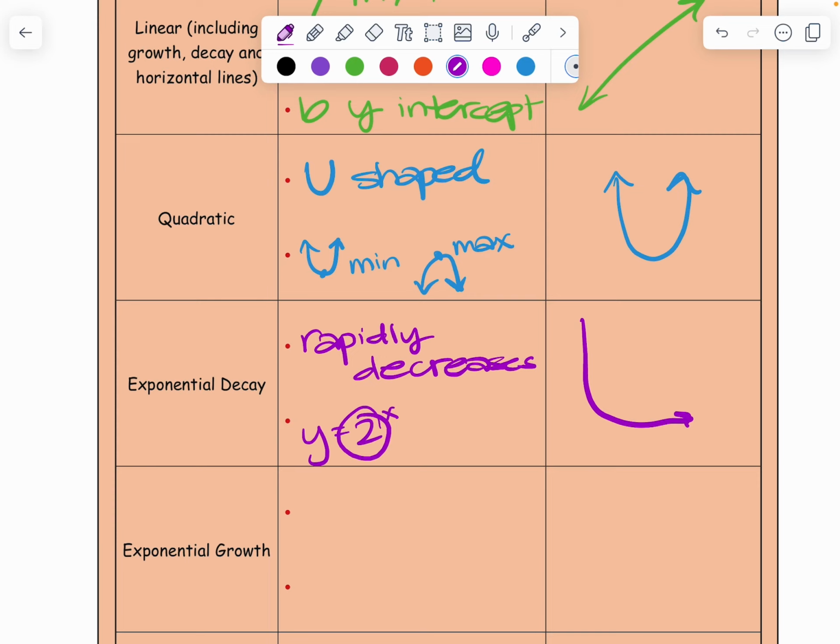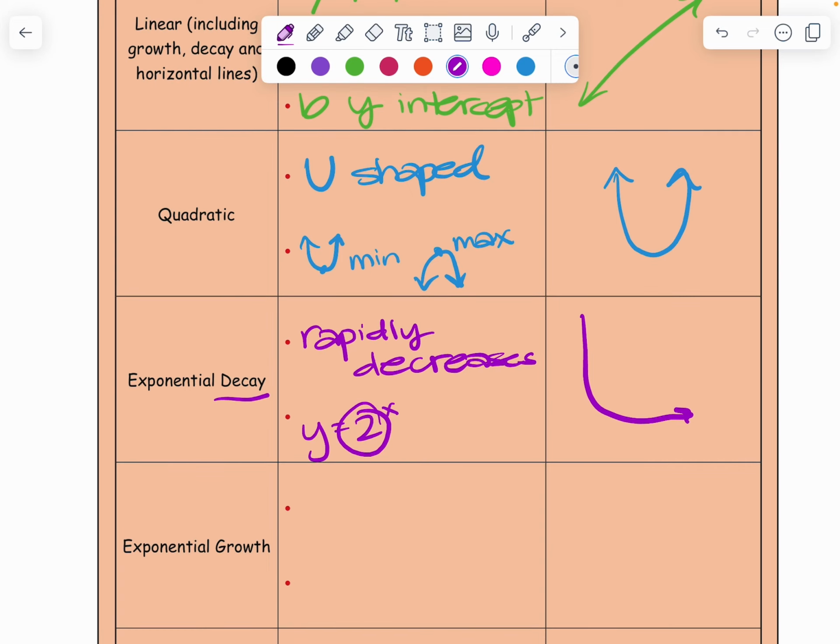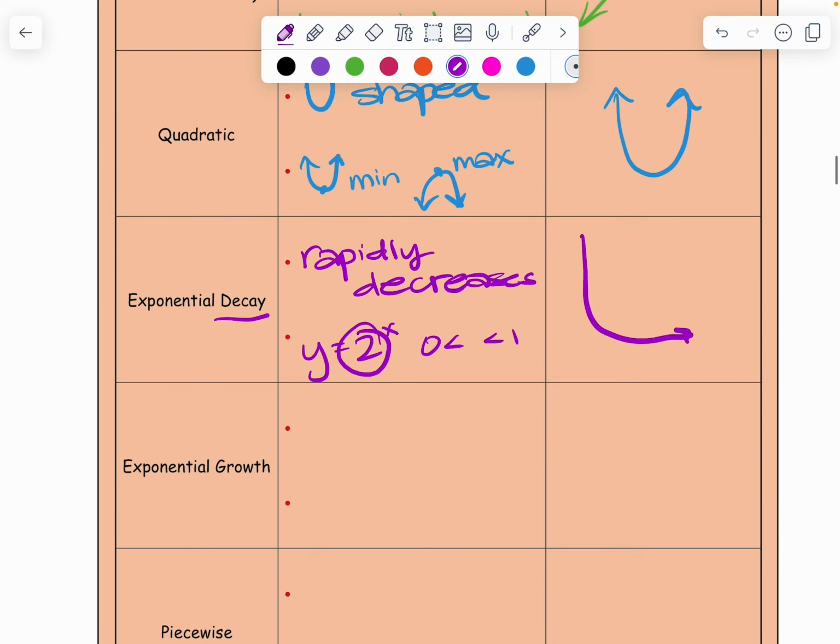Our base, in this case, if it's decay, would be somewhere in between 0 and 1, right? It'd be some kind of a fraction. If it's growth, our base should be larger than 1. It's going to start off and then take off, right?